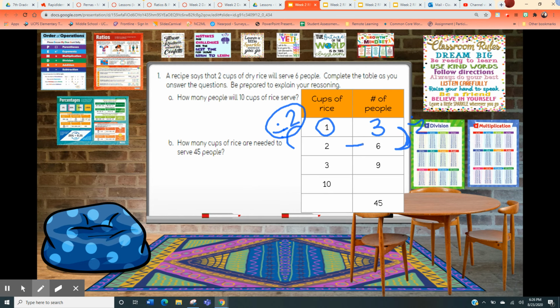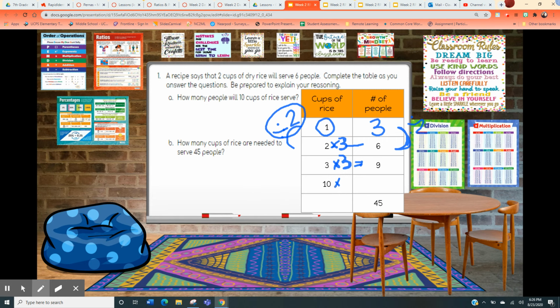Well, I took 2 and I multiplied it by 3 to give me 6. That makes sense. Okay, so if I do the same thing the rest of the way down, I'm going to have 3 times 3 gives me 9. That makes sense too.